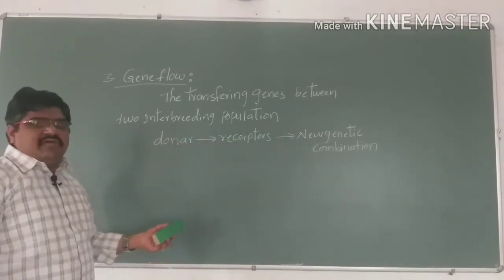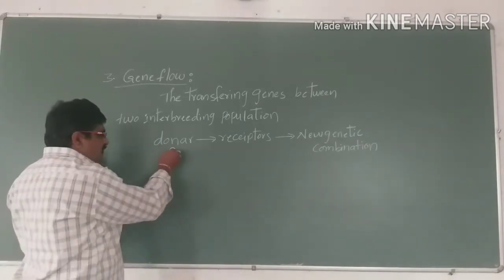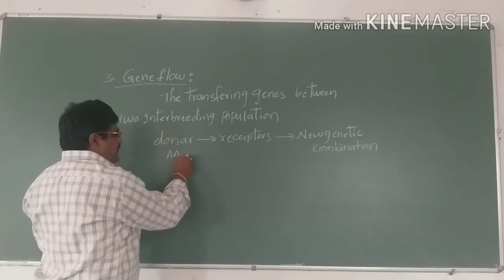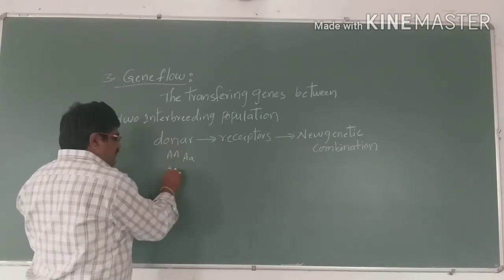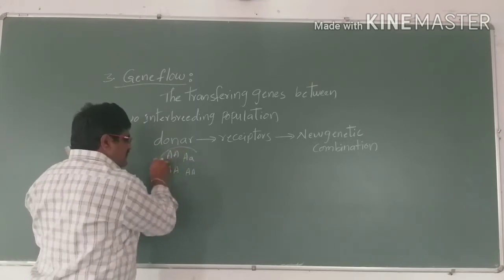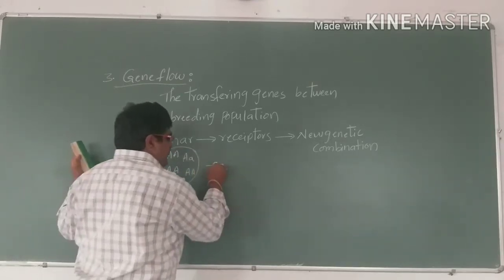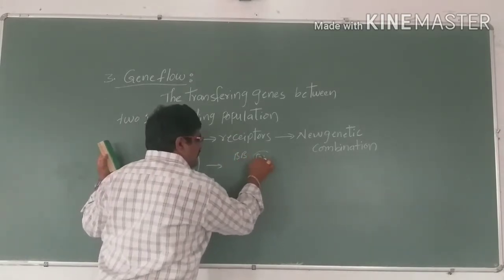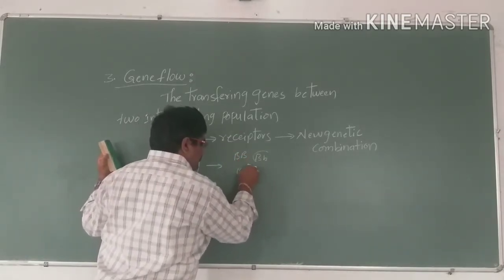For example, the donor consists of capital A, small a, capital A, small a. These are the genotypes that are transferred to the recipient, capital B, small b, capital B, small b.